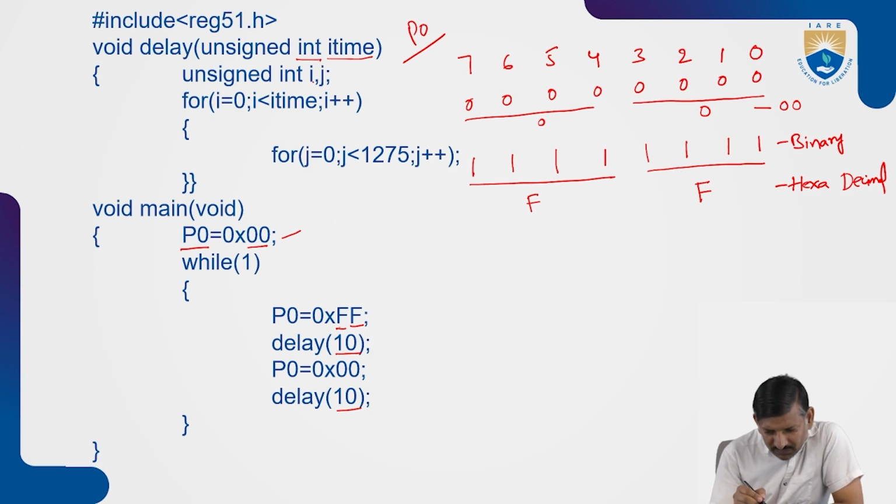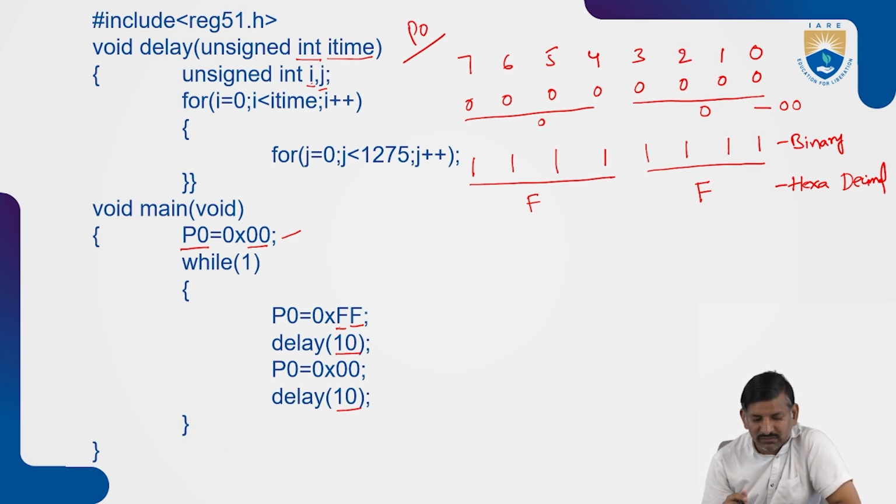Again, one variable indicates how many milliseconds, and the second variable indicates how many clock cycles are required for each millisecond. Like this we are defining the delay function. Then the same functionality will be repeated an infinite number of times. That's why I am taking the loop here, while(1).